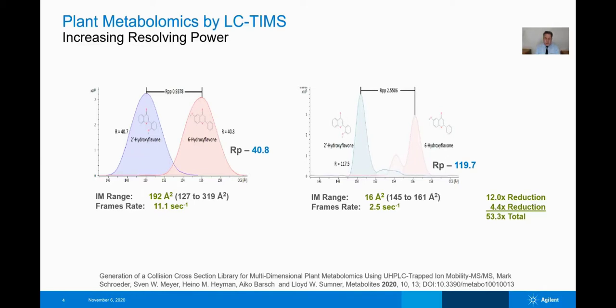To accomplish that, the range was reduced to 16 square angstroms. That's the width of what you actually see in the spectrum. And the acquisition rate was reduced to 2.5 per second. So this results in a total reduction of about 50-fold in scan speed. And the square root of 50 gives you about a factor of 3. So that's consistent with the results that you see there.